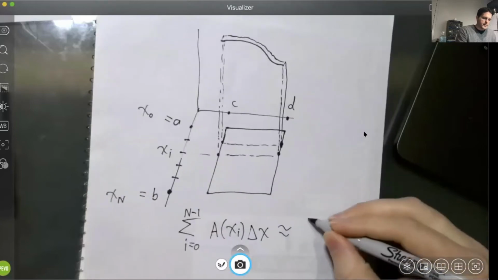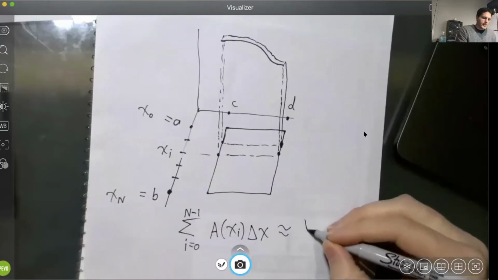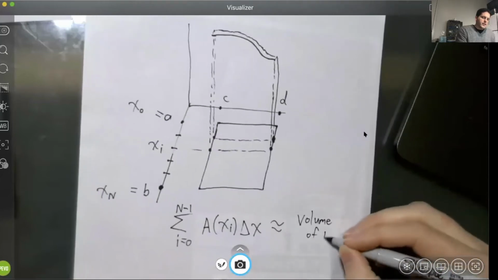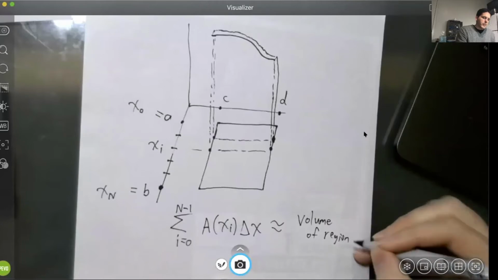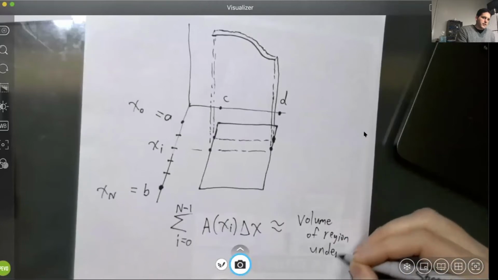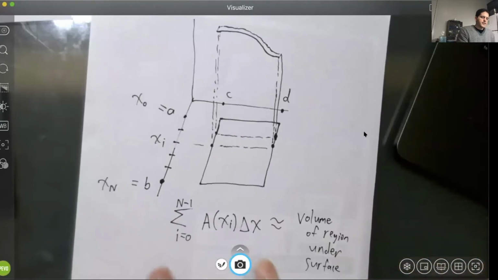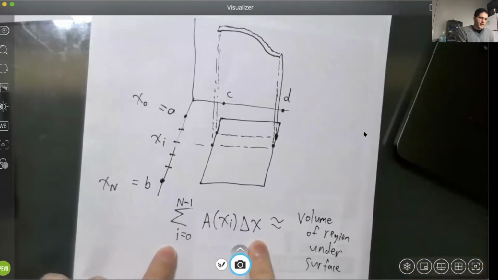So this is approximately the volume of the region under the surface.